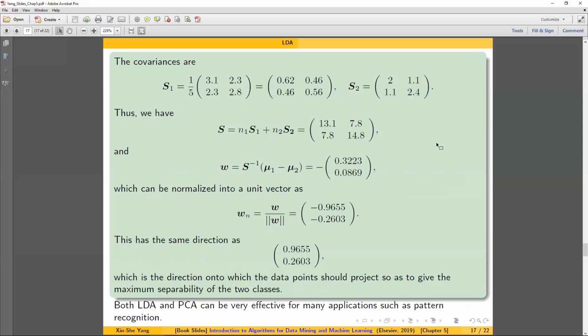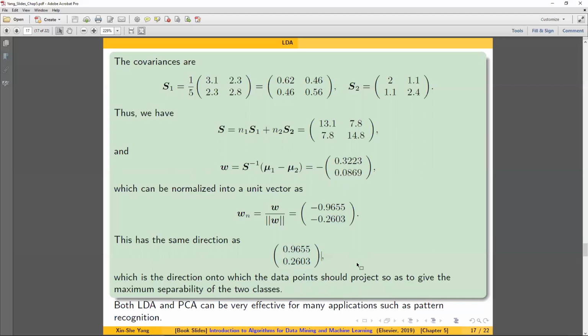And then using N1 S1 plus N2 S2, we come back with the S. Once we have S, S inverse times mu1 minus mu2 would be our W, which can be normalized by W divided by the W norm, coming back with WN. Negative this, negative that is the same as positive, it's the same direction, which is the direction onto which the data points should project so as to give the maximum separability of the two classes.